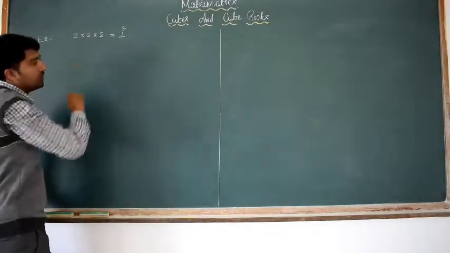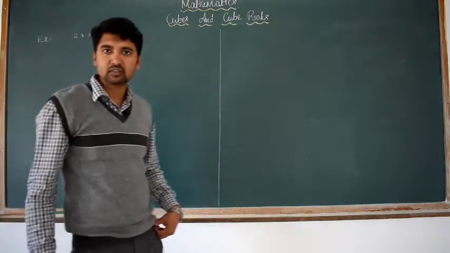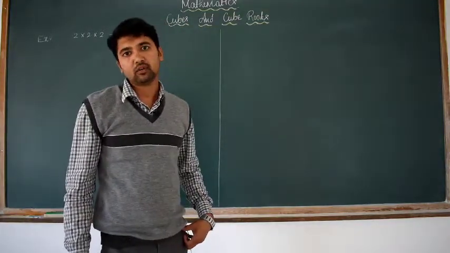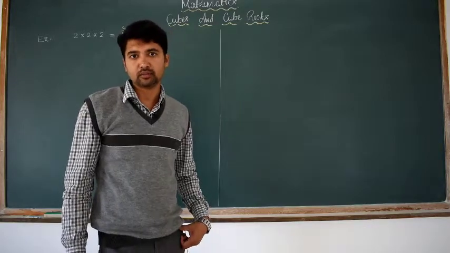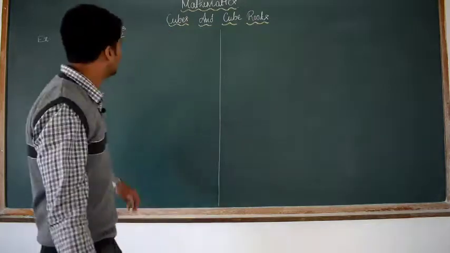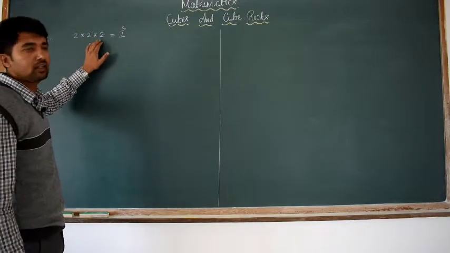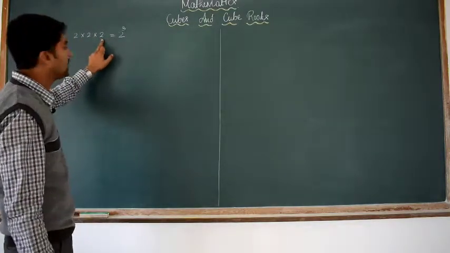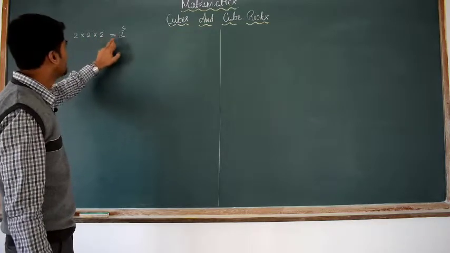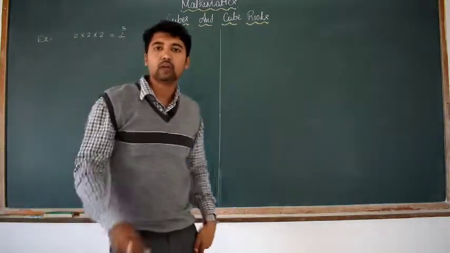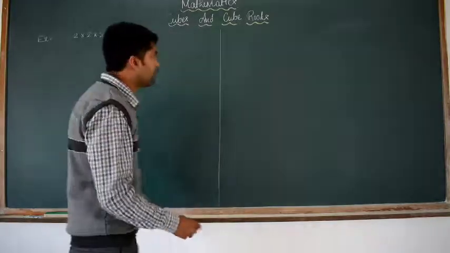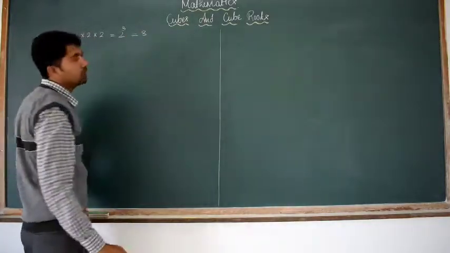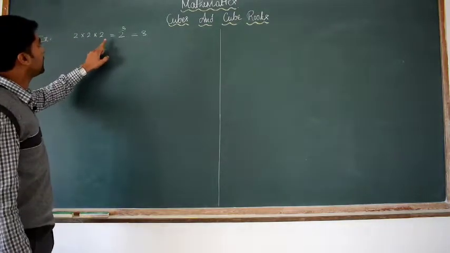When we have the same factors 3 times, this is the first law of exponents: when the bases are the same in multiplication, exponents can be added. How many times? 1, 2, 3. 1 plus 1 plus 1 is equal to 3. 2 to the power of 3. The value of 2 power 3 is 8. 2 2s are 4, 4 2s are 8.